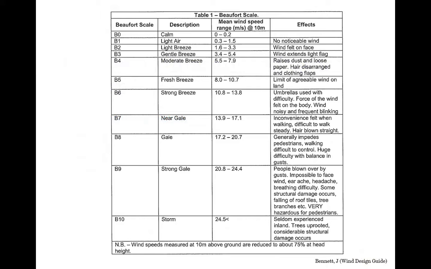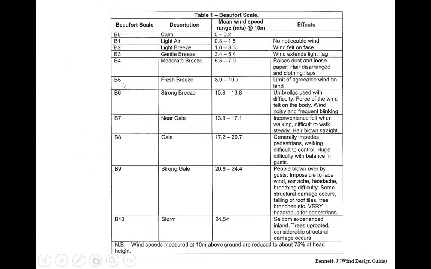You might also look at wind velocities at ground level, but in terms of the Beaufort Scale, it's measured 10 meters above the ground. The reason being that if you measure wind directly at ground level, then anything such as a car or a low hedge can impact that wind velocity. So we tend to measure it a little bit higher. And then the effects.